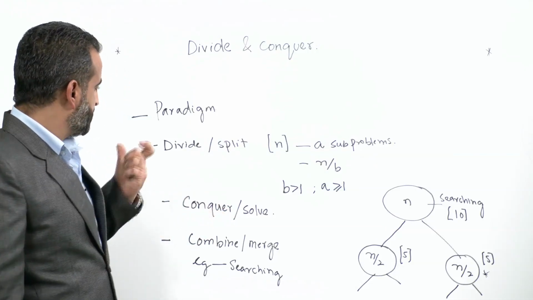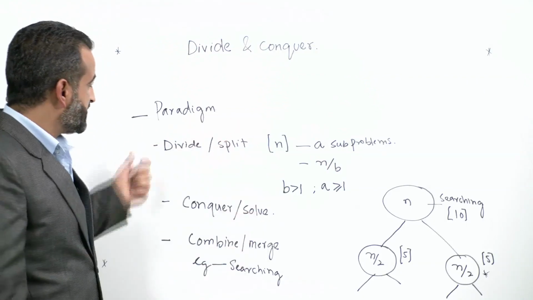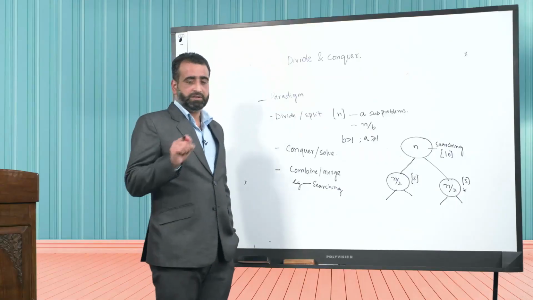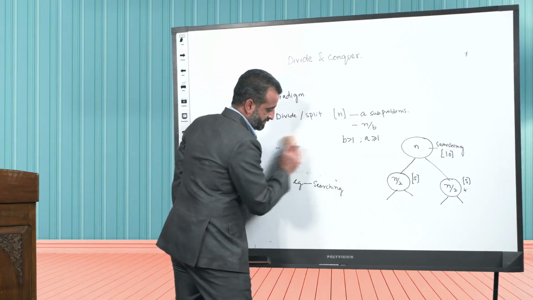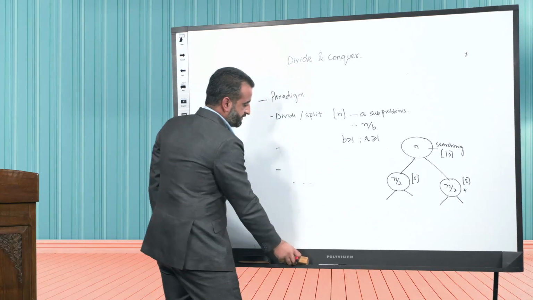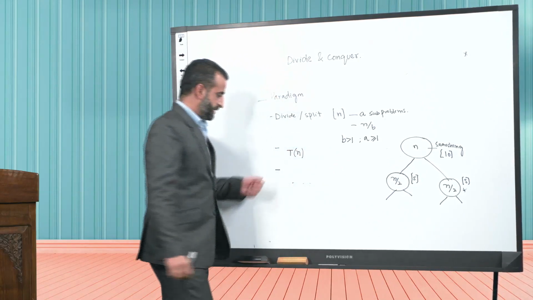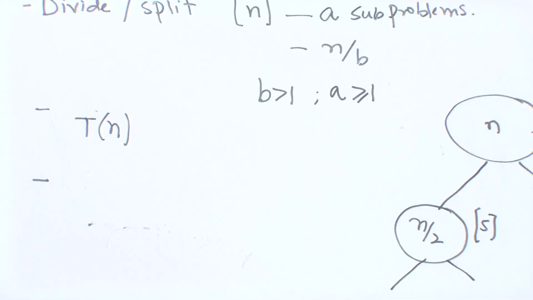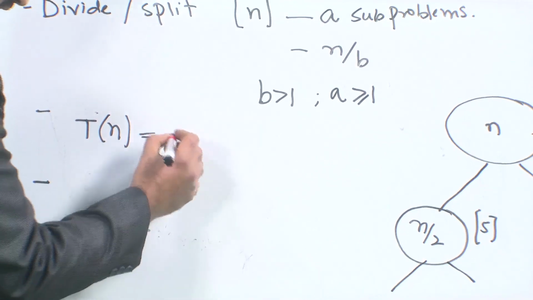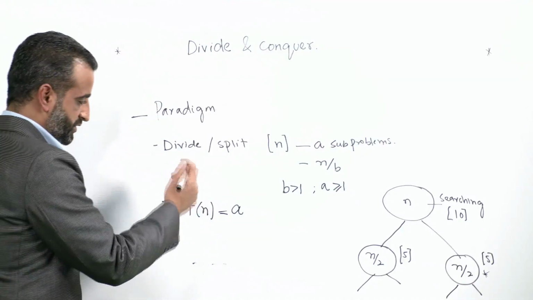If we talk of efficiency, the entire divide and conquer problem can be represented using recurrence relations. Say for example T of n. Now remember in this case T of n is the running time of the problem that we are trying to solve over here. So we can say a times T of n by b, where a is the number of subproblems that we are creating out of this original problem.